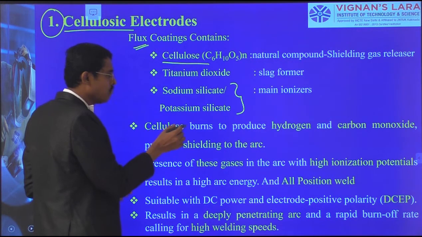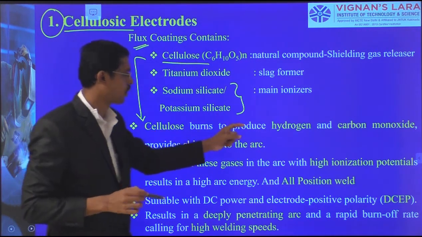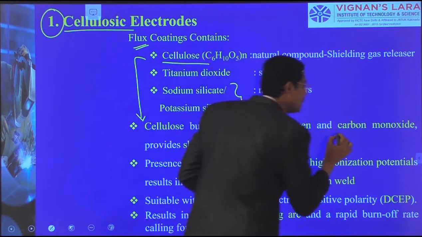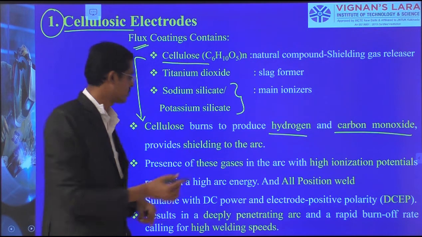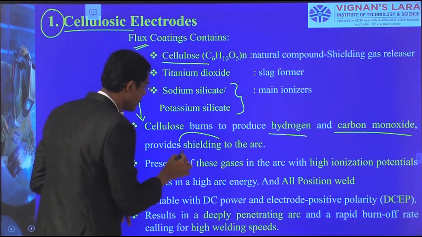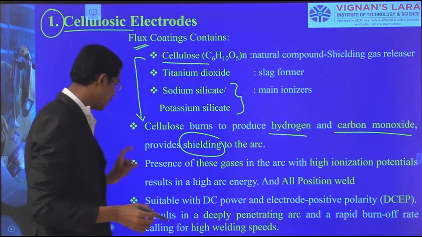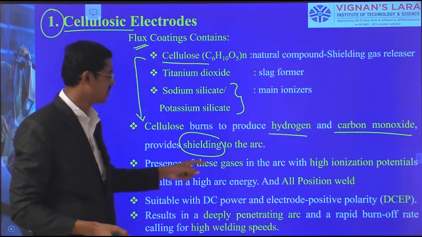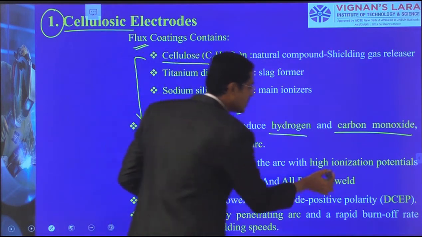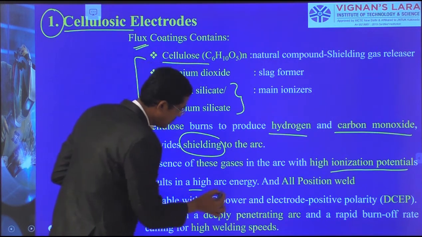Cellulose burns to produce hydrogen and carbon monoxide, which provide the shielding to the arc. So the shielding is provided by the cellulose, the shielding gas releaser. The presence of hydrogen and carbon monoxide in the arc generates high ionization potential, resulting in high arc energy.